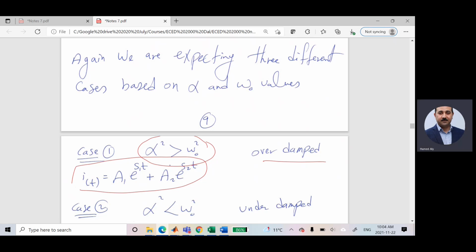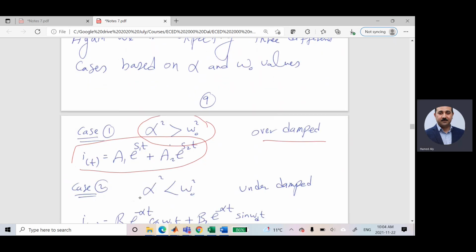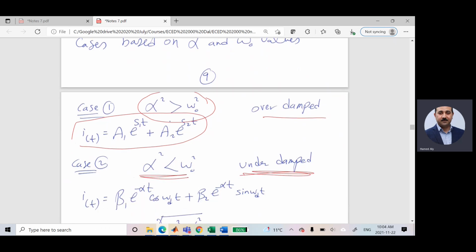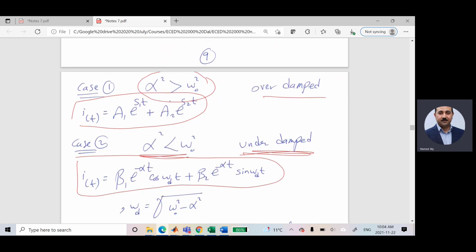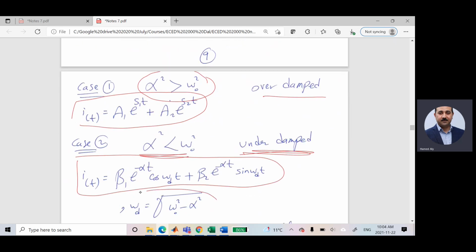Case 2, if alpha squared is less than omega o squared, it is the underdamped case. And i(t) is equal to beta1 times e to the power negative alpha t cosine omega d t plus beta2 times e to the power negative alpha t sine omega d t, whereas omega d is equal to omega o squared minus alpha squared under the square root.